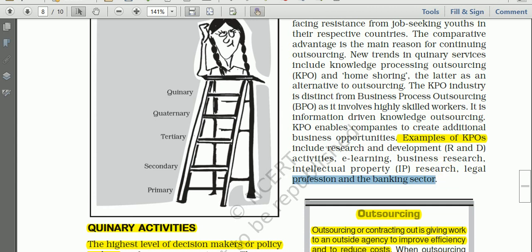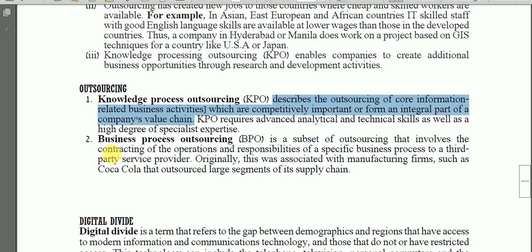And about business process outsourcing, BPO is a subset of outsourcing. That means it is a type of outsourcing that involves contracting of operations and responsibilities of a specific business process to a third-party service provider.